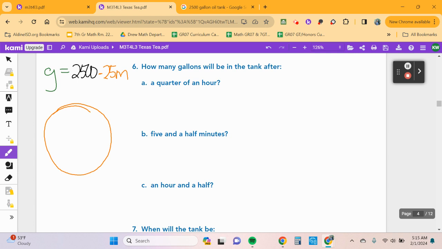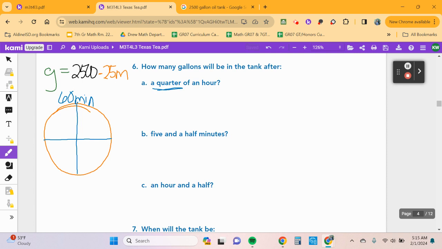So if we think about an entire hour, that is 60 minutes. We know that. But if I want to know what a quarter of an hour is, think about a quarter to a dollar. I know that's going to be 1/4 of an hour. So I'm going to split this into fourths. And now I'll be able to easily see, what is 60 split into 4 equal sections?